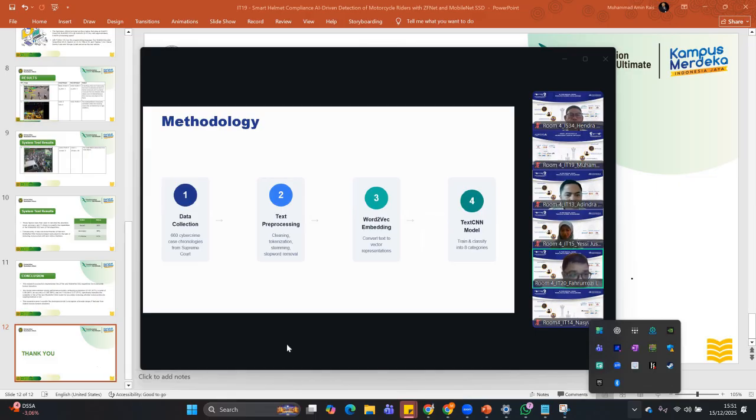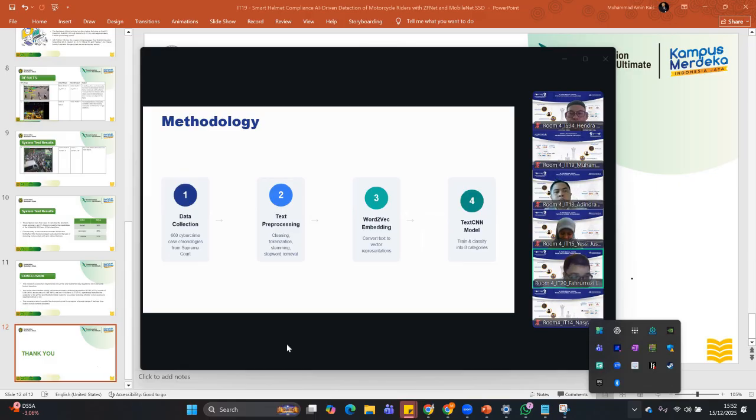Stage 2, text preprocessing. This involves cleaning, tokenization, stemming, and stop word removal to transform raw text data into a structured format suitable for machine learning.